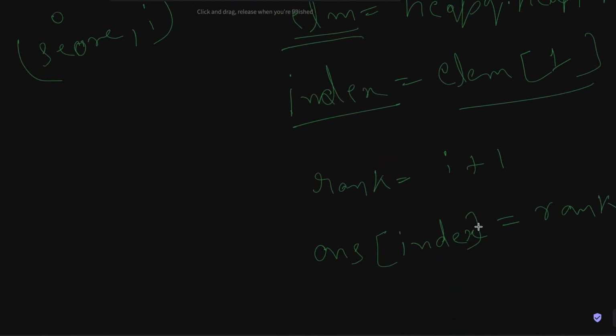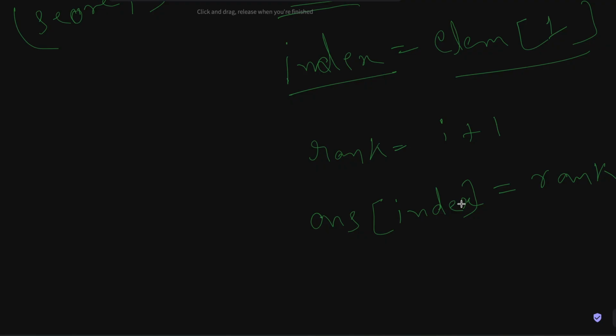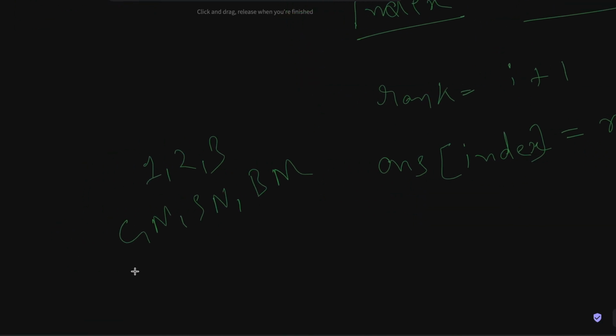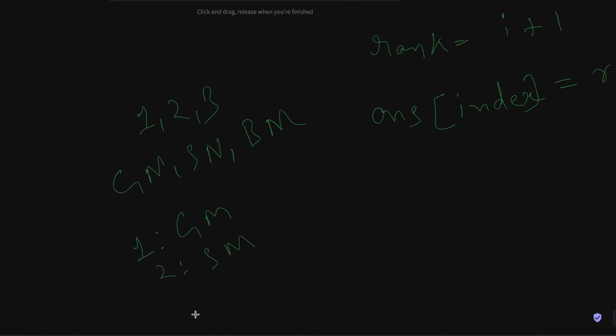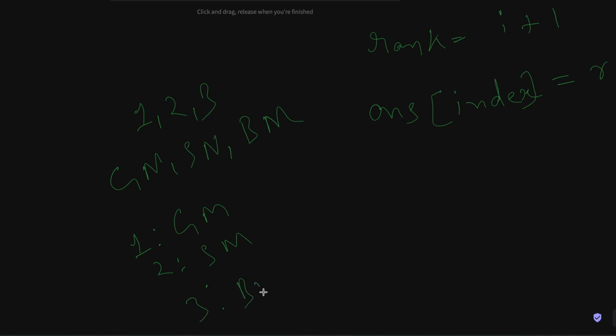Now the question is, what about the special names for the ranks? First, second, and third have special names, right? We have the gold medal, the silver medal, and then the bronze medal. Now that can easily be handled with the help of a hash map. In the hash map, you will simply store 1 to gold medal, 2 to silver medal, and 3 to bronze medal.